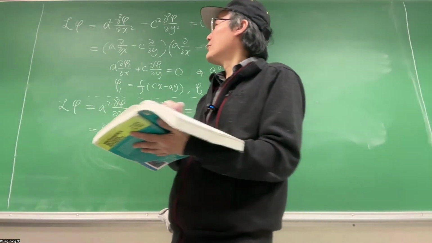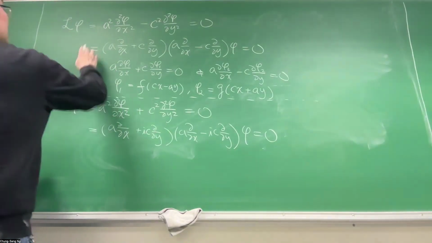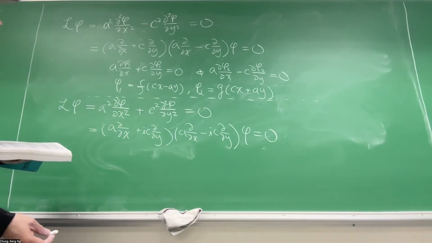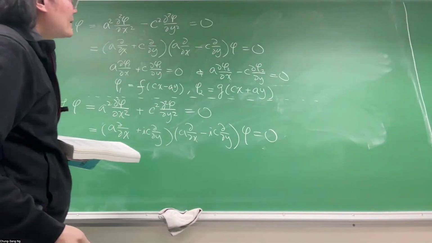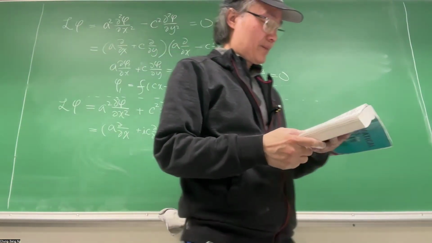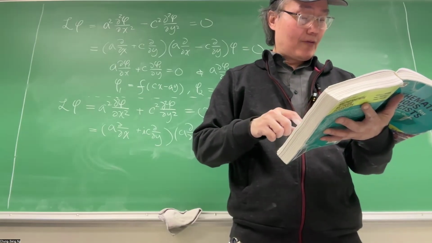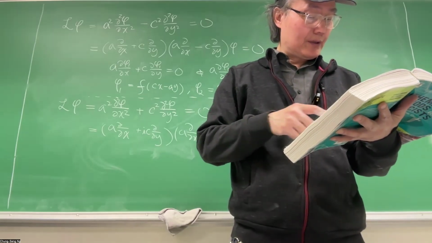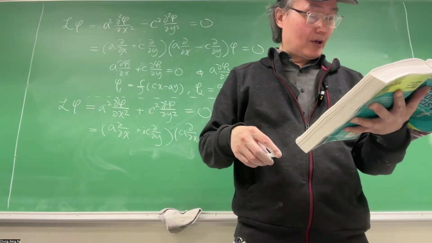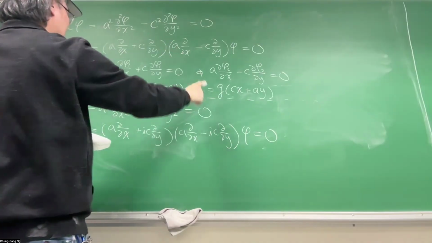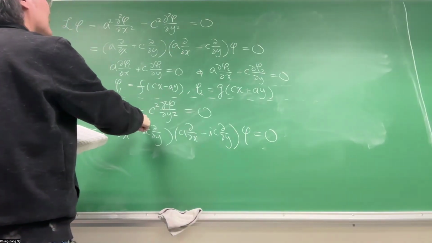And that can be generalized to higher dimension and also variable coefficient also. And one more case is the so-called parabolic. So you have hyperbola and ellipse for this one.